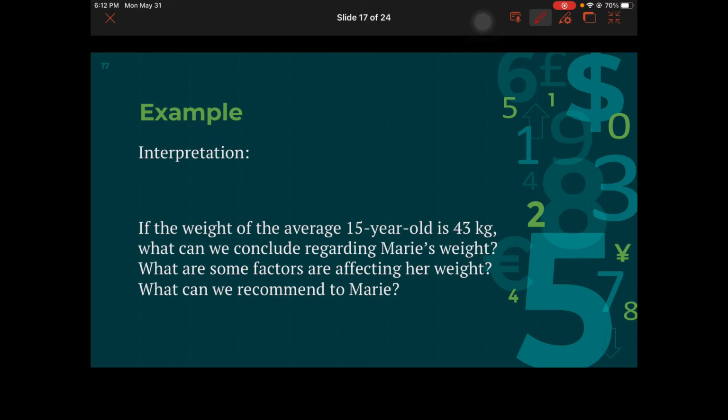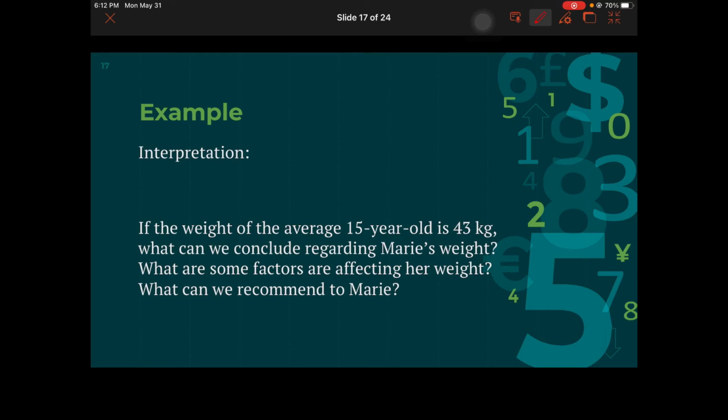Okay? So, hindi natin sinasabing overweight siya. She's just slightly above it. Okay? So, what are some factors affecting her weight? Pwedeng dahil pandemic, nagkaroon siya ng sedentary lifestyle. Pwedeng dahil pandemic, nag-stress eating siya kasi nasa-stress siya sa modules.